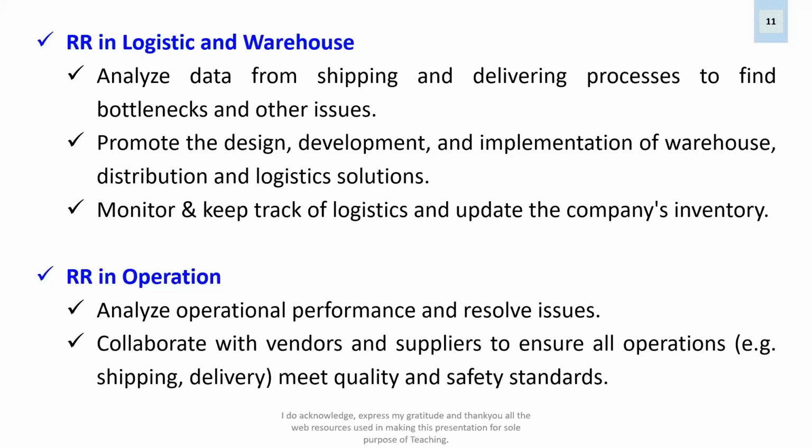And at the same time, safety standards also. So you have to make sure the raw materials you're getting are of the same quality which is desired. And at the same time, your finished good reaches the hands of the customer, and that quality.